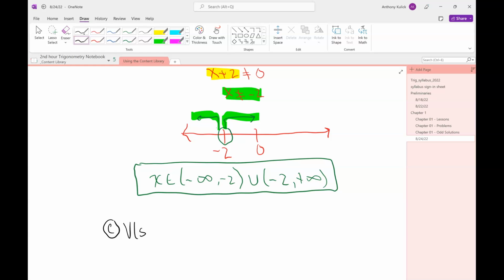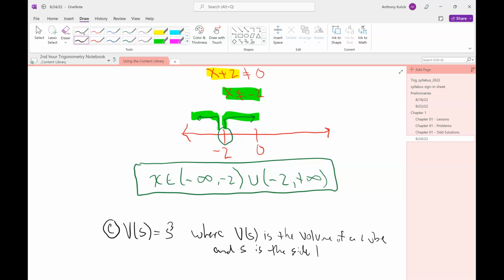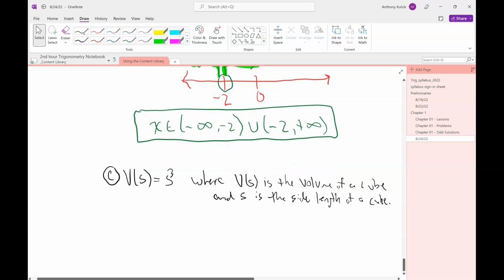Last domain example. So here our last function is v of s is equal to s cubed, but we're given some context attached to this.